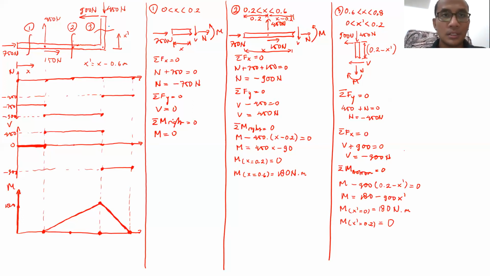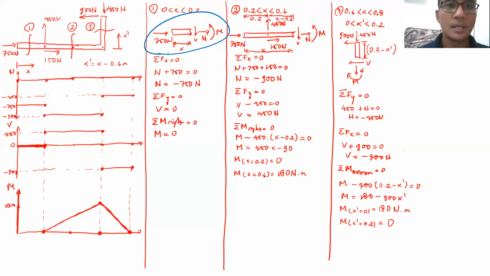Now, let's try with the first cut. This is the free body diagram. The external force is only 750 Newton there. As usual, because I put all the forces and moment at the right side of the cut, positive V is going down, positive axial force is going outwards, and moment is going counterclockwise.